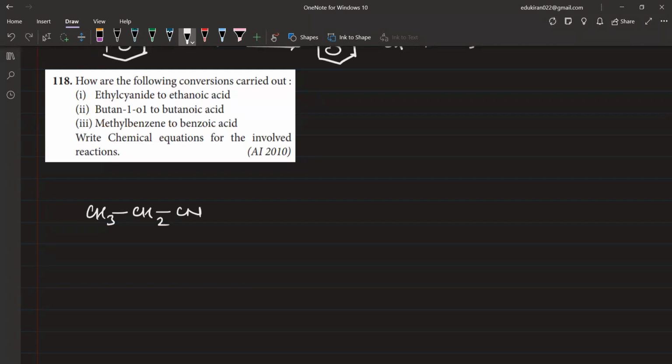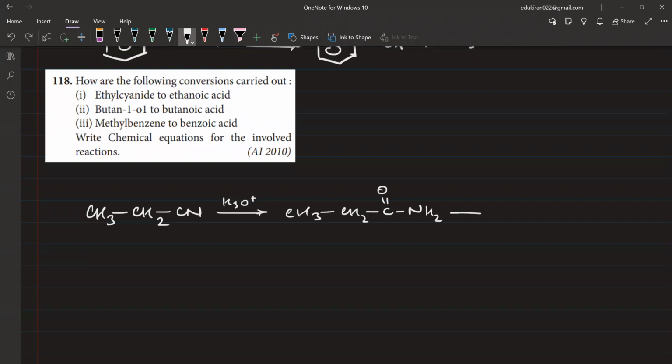IUPAC nomenclature में इसको propane nitrile लिखते हैं. नहीं, हम लोगों ने reaction नहीं देखा, there is one reaction from amides, that is why we are not able to do this. First step सही है, you have to add H3O plus, it will get converted to CH3 CH2 C double bond O NH2.